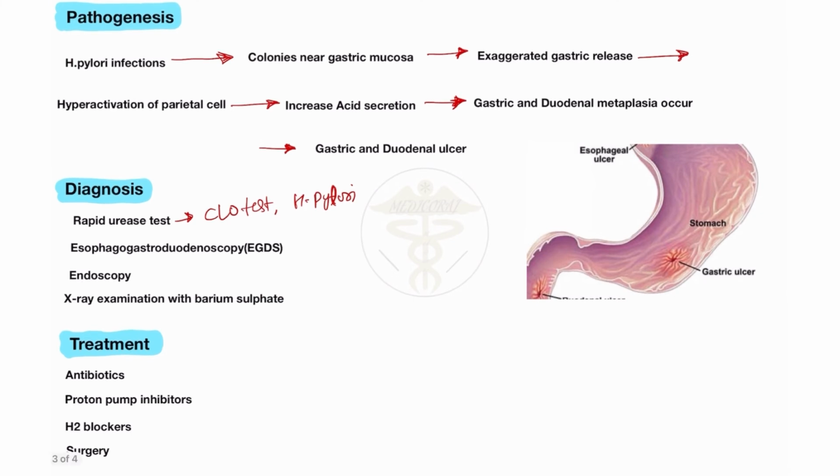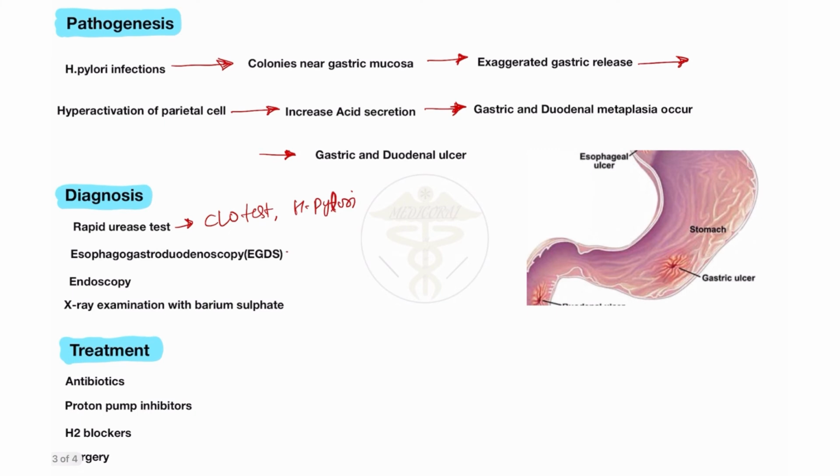In the patient, you will take a biopsy of some part of the stomach or duodenum, revealing H. pylori bacterial infection and any possible ulcer malignization.